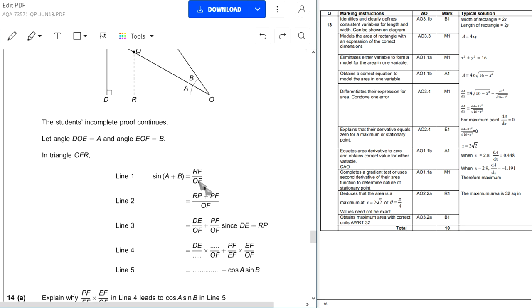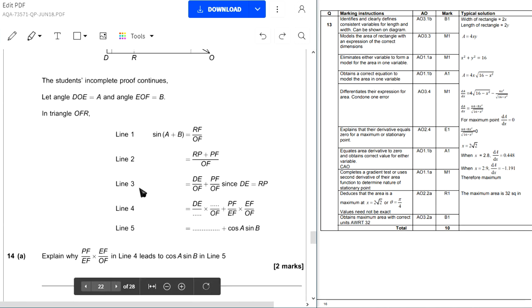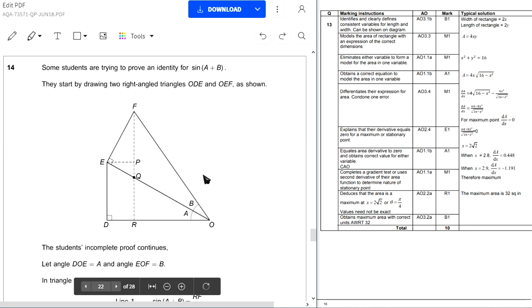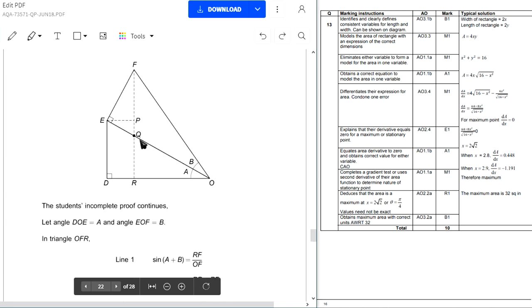So yeah, that's true. Line 3, DE over OF plus PF over OF, since DE equals RP. Does DE equal RP?